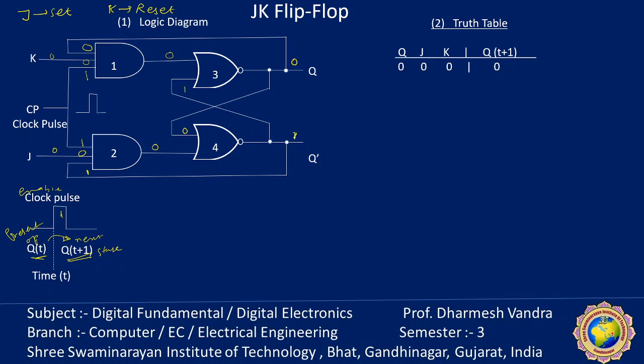Both are 0, 0, so the output is 1. For the NOR gate, 0 plus 1 is equal to 1, and the whole bar is 0. And 0 plus 0 is 0, and 0 bar is equal to 1. So the output is 0, meaning no change. Q(t+1) is equal to Q(t).